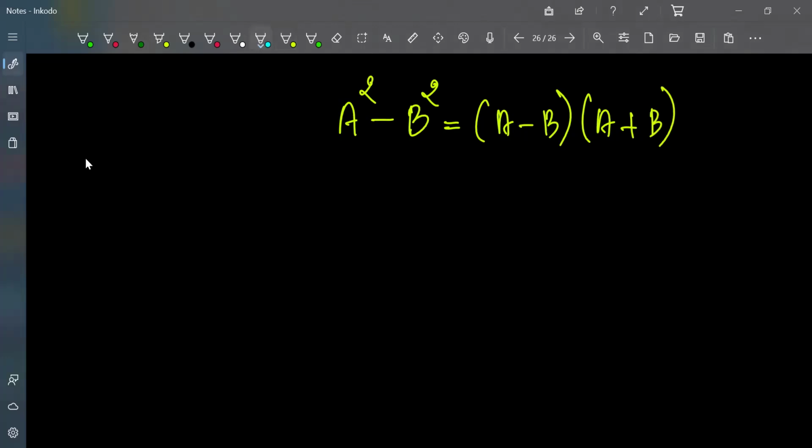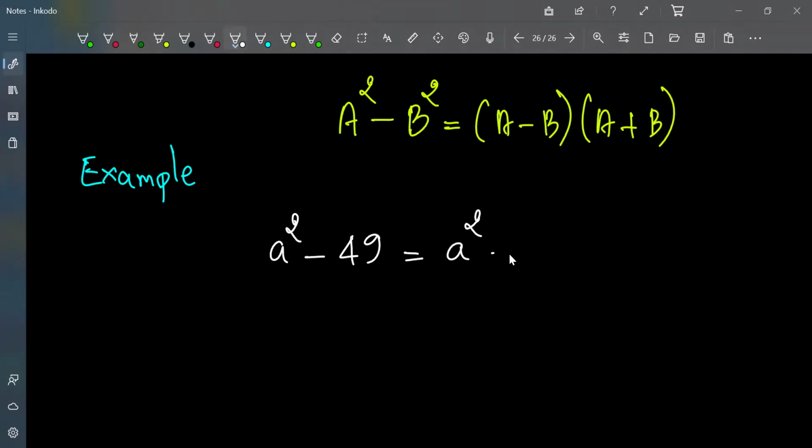So now let's look into our example. If I have a square minus 49, I can write 49 as 7 square. So a square minus 7 square.